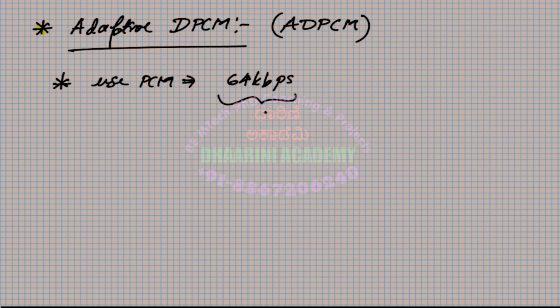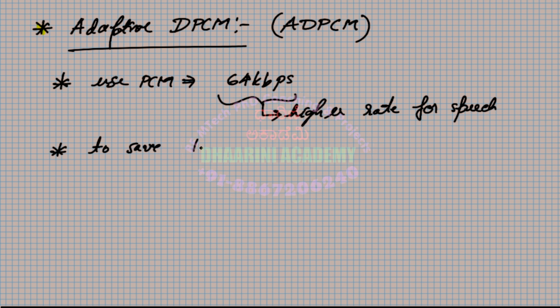Okay, so I'll just write here, this is actually a higher rate for speech, right? So our requirement is that we want to bring this down. Okay, so whenever you don't have sufficient channel bandwidth, or I'll write to save the bandwidth, we need to code the speech at a lower rate.